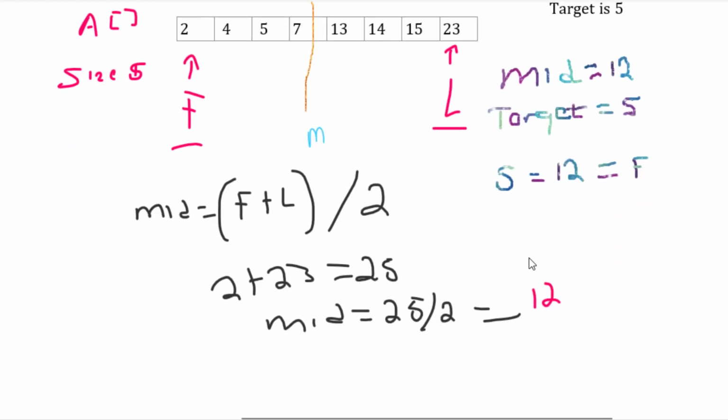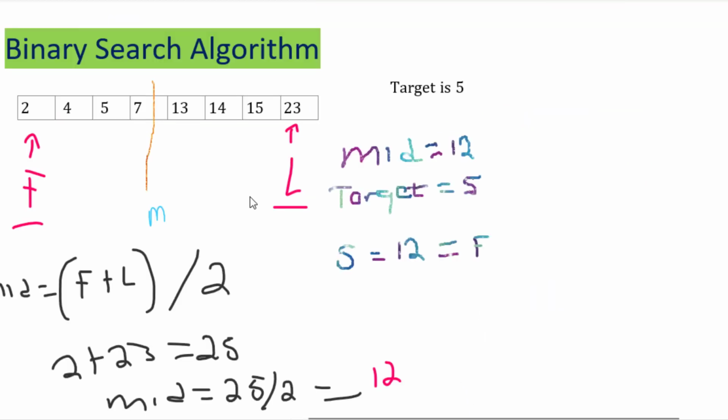So now the algorithm will move to the next step, and in the next step it will check if the target number is less than the middle number. That is, if the target, 5, is less than 12, and this will return true.